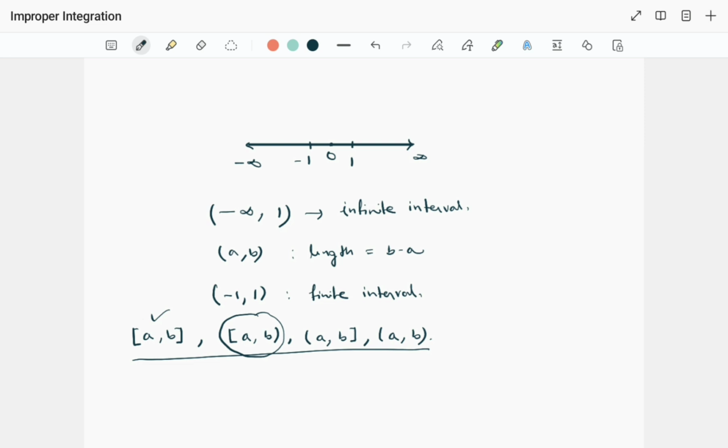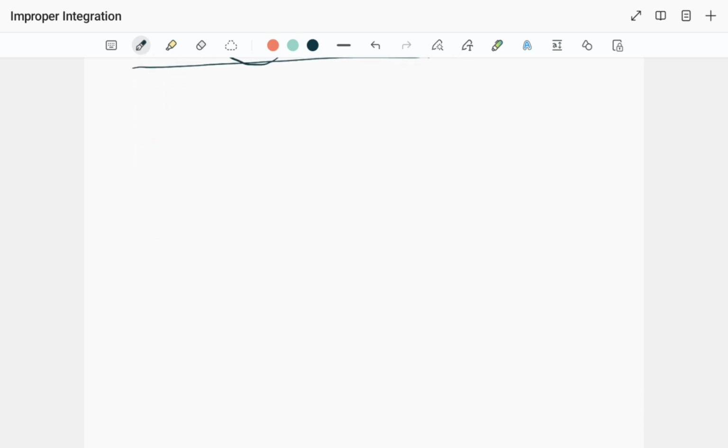Now what is a bounded function? A function is said to be a bounded function if its range is bounded.